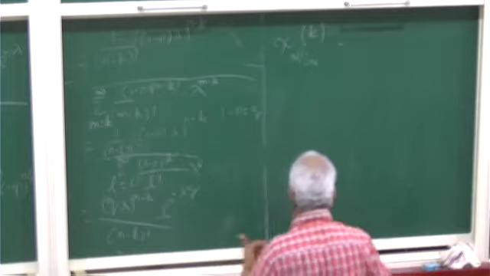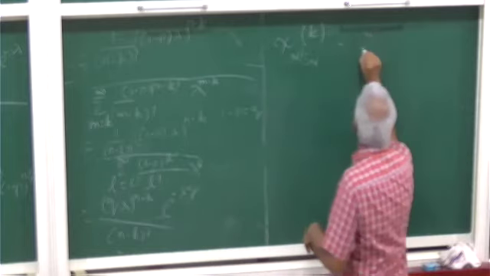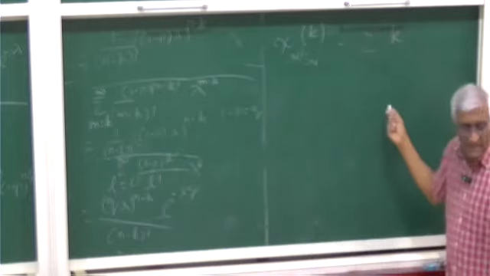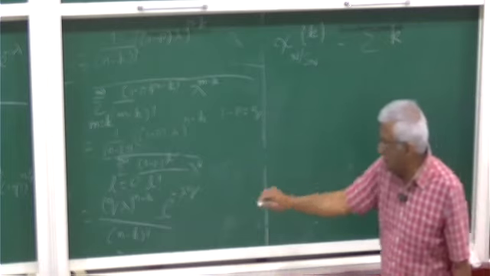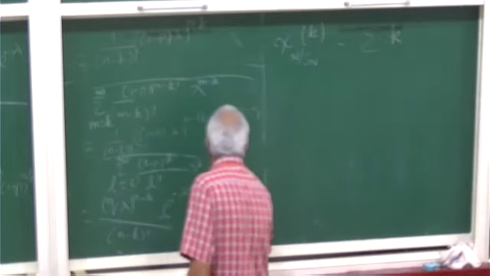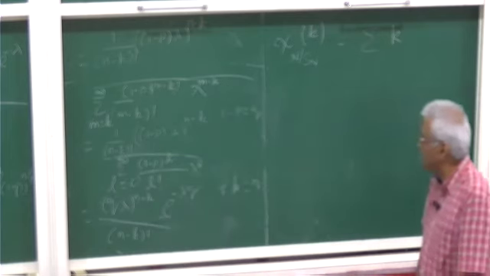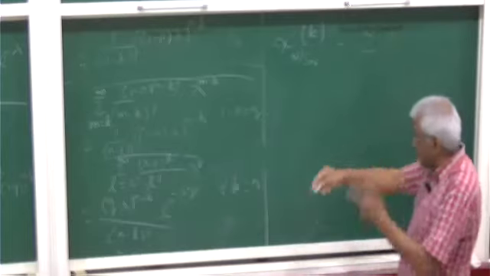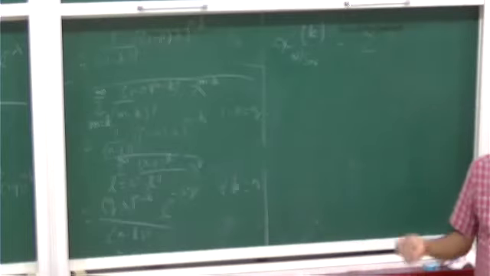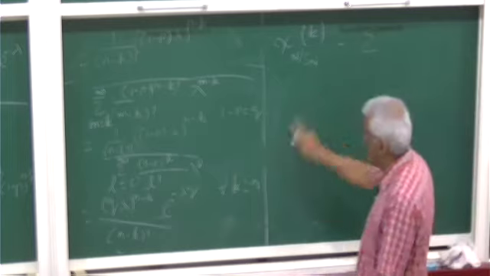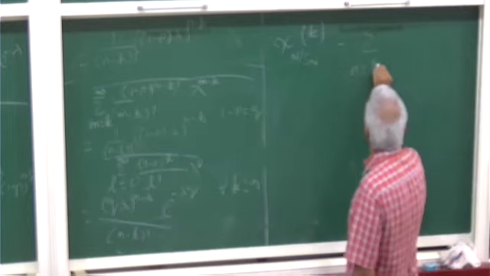No, sorry, I have to do the computation, right? Summation over k, that is this k, for all k less than or equal to n. Now I have to sum it over n, which is just n equal to k to infinity.